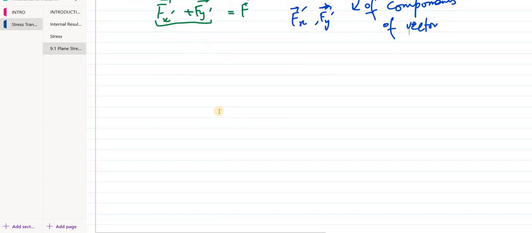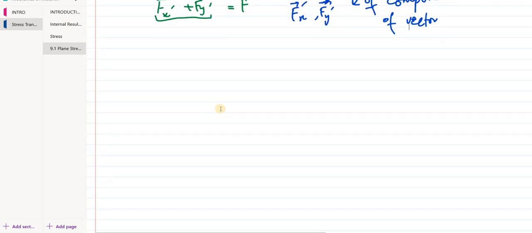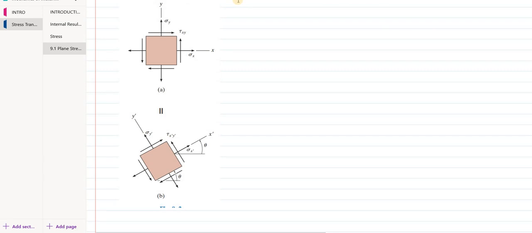Now we are coming back to our topic, and we're going to discuss plane stress transformation. What does plane stress transformation actually mean?